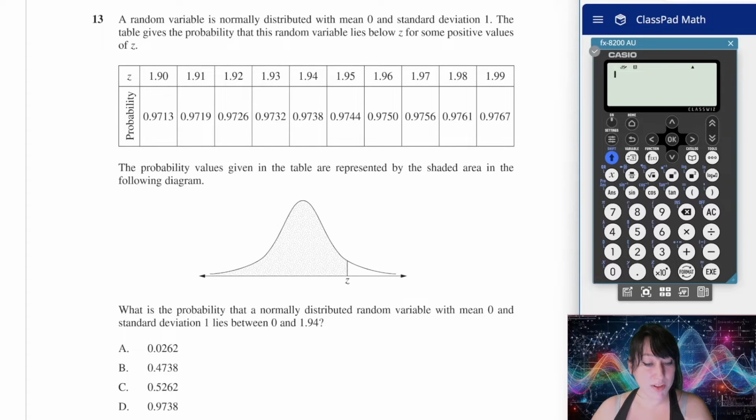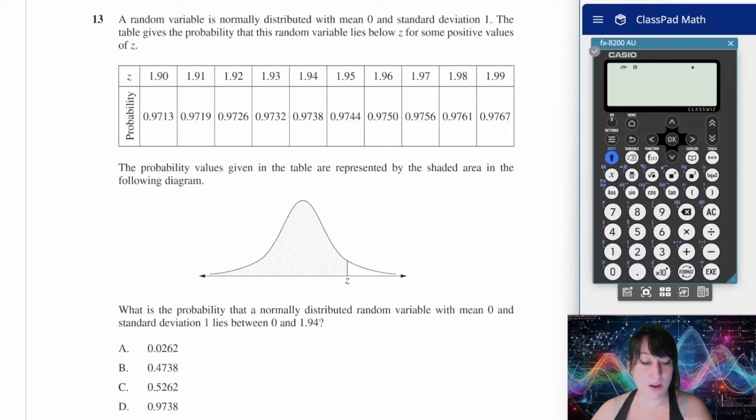All right, question 13 says a random variable is normally distributed with a mean 0 and standard deviation 1. By the way, that's what we call a standard normal. Now, the table gives us the probability that this random variable lies below z for some positive values of z.